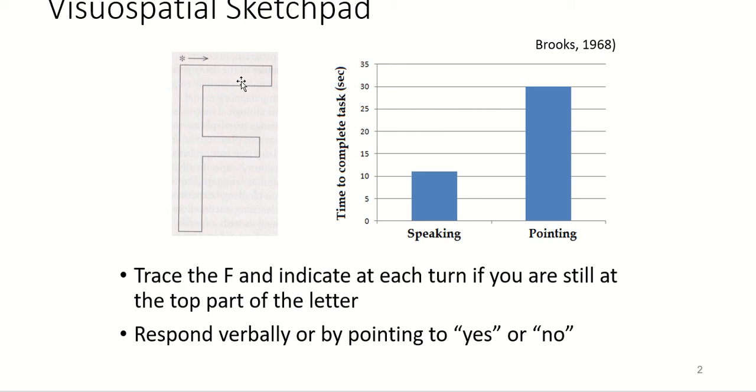You can combine two tasks just fine, or two ways of processing information and responding just fine, if one of them involves the phonological loop and the other one involves the Visuospatial Sketchpad. However, if they both involve the same component, it's not impossible to do it, but it becomes a lot more difficult. So that's the first study that gives some evidence for this Visuospatial Sketchpad idea.